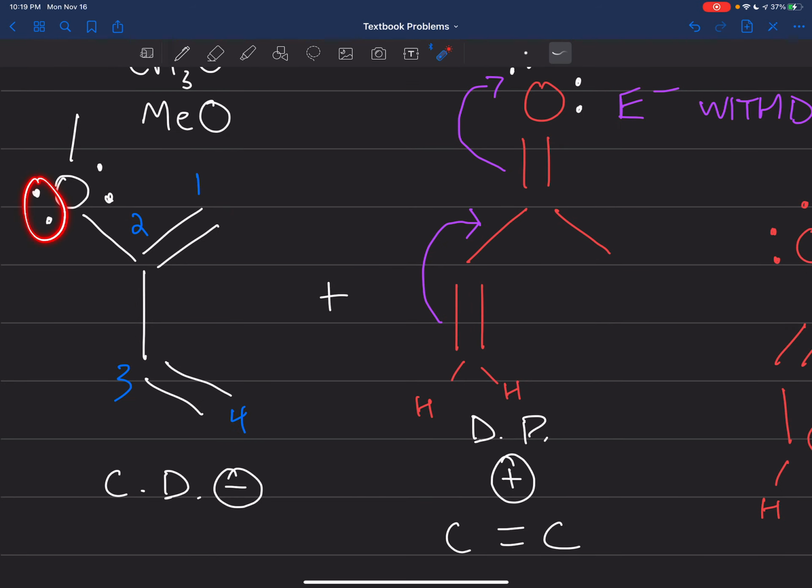We have, see, this is where it gets confusing. Oxygen is electron withdrawing, but it doesn't have a pi bond right next to it that is able to withdraw. It can't withdraw anything. So what's going to give? It is going to give one of these pairs here, okay, and then the adjacent pi bond, which is this, is going to hop here.